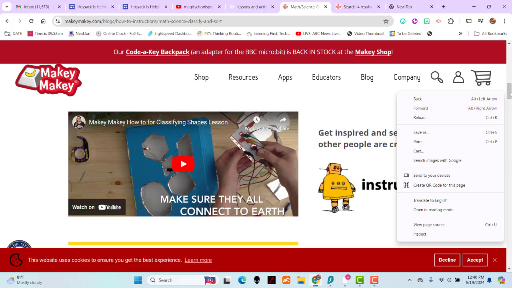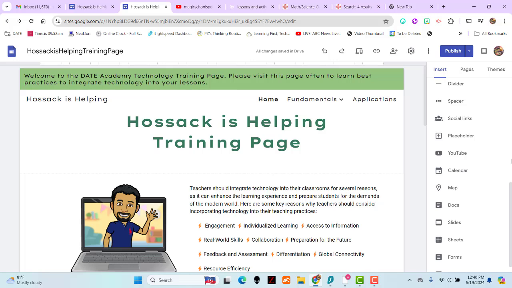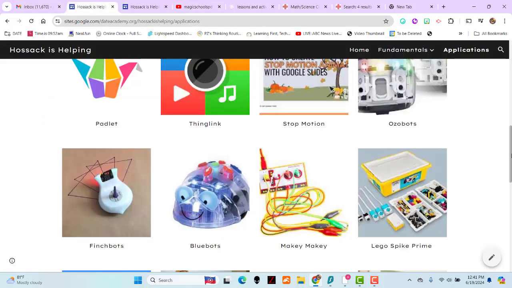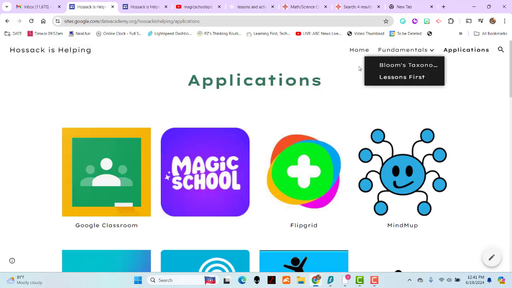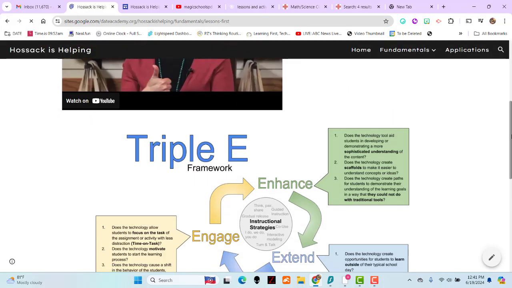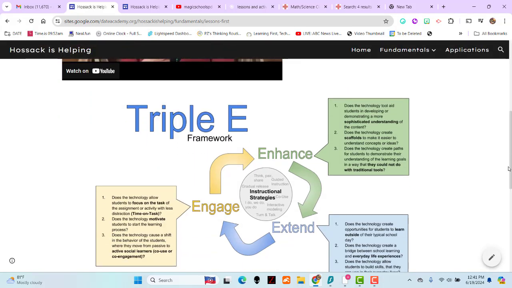You could attach something to what you might be teaching. You might already know that a topic is going to be boring, so you attach something fun to it. A lot of times, attaching something fun could be technology, because you want to do that triple E, and triple E is engagement, enhancing, and extension.